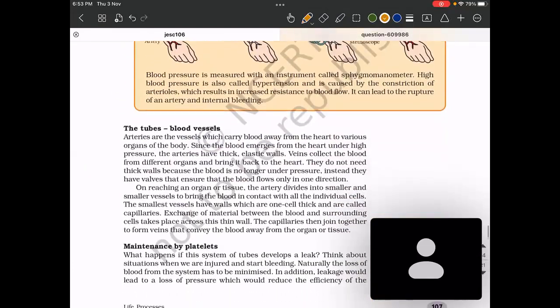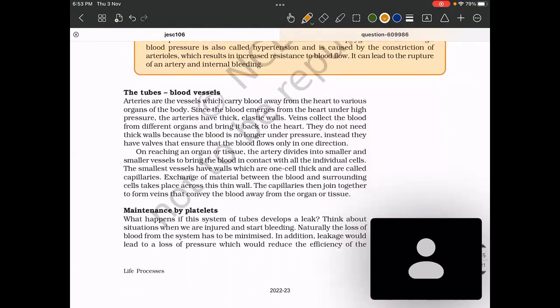So what is the difference between veins and arteries?